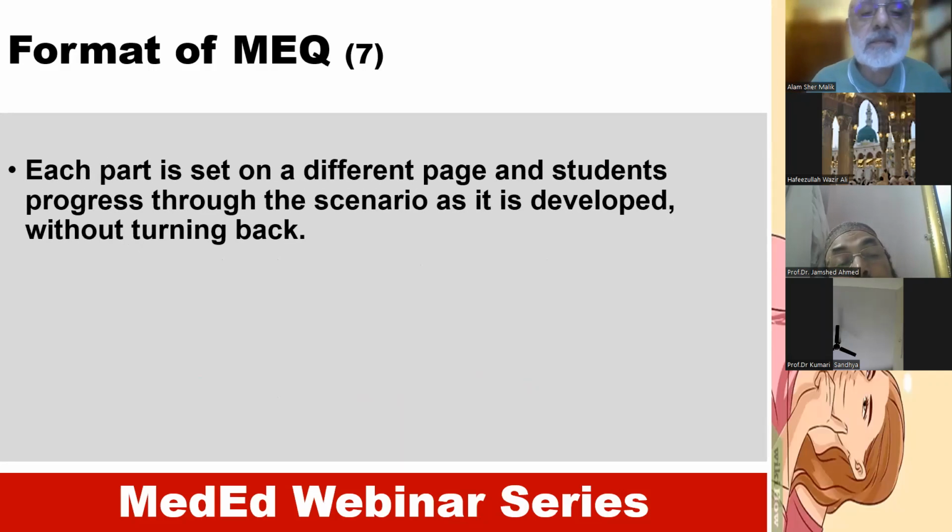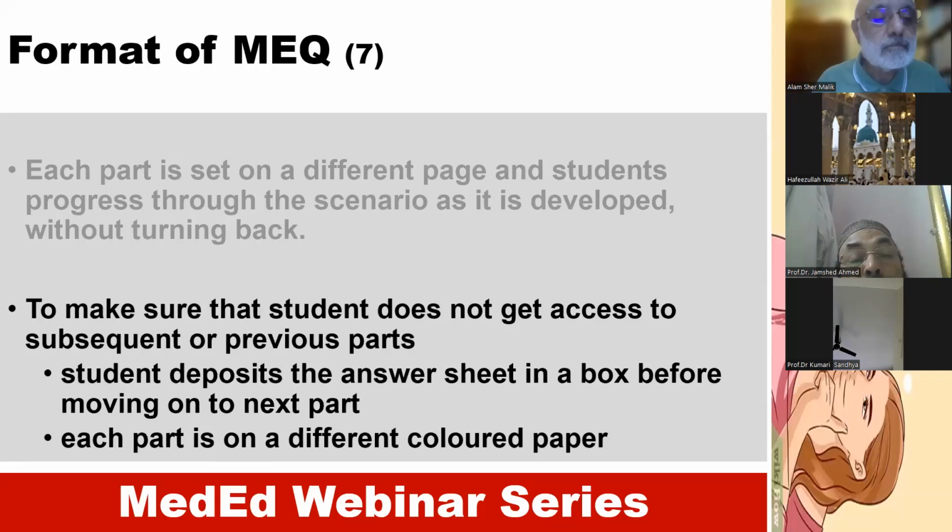Each part is set on a different page, and students progress through the scenario as it is developed without turning back. Once they have deposited one answer, they cannot go back to it, because most of the time the subsequent part would answer some of the questions asked in the previous page.